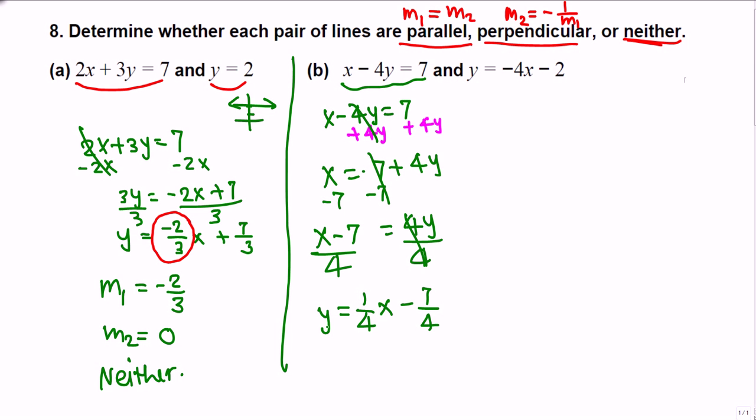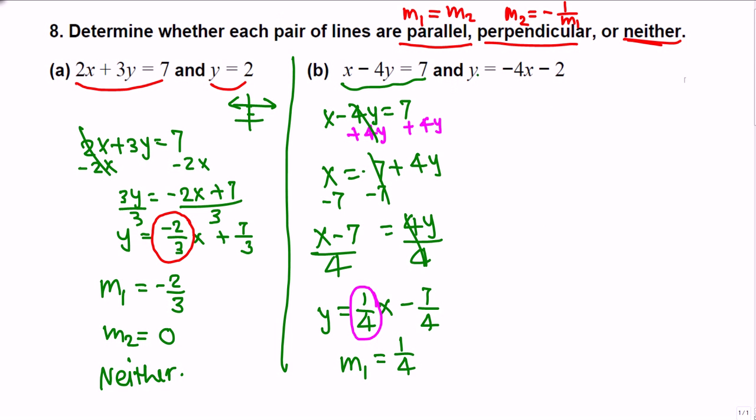Now this is in the form y equals mx plus b, and we are interested in the slope, so the slope is 1/4. We can declare that as m1, the slope of the first line, equals 1/4.